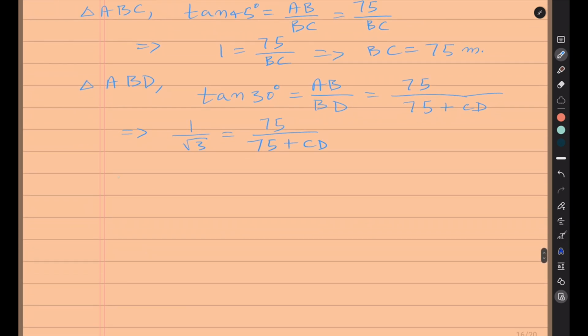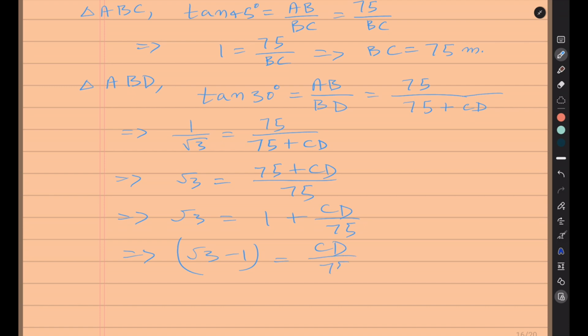Now it's just a matter of solving this equation. We will just reverse both of the sides, LHS and RHS. Root 3 is equal to 75 plus CD divided by 75, or root 3 is equal to 1 plus CD divided by 75, or root 3 minus 1 is equal to CD divided by 75, and that gives us the value of CD, which is equal to 75 multiplied by root 3 minus 1 meter.